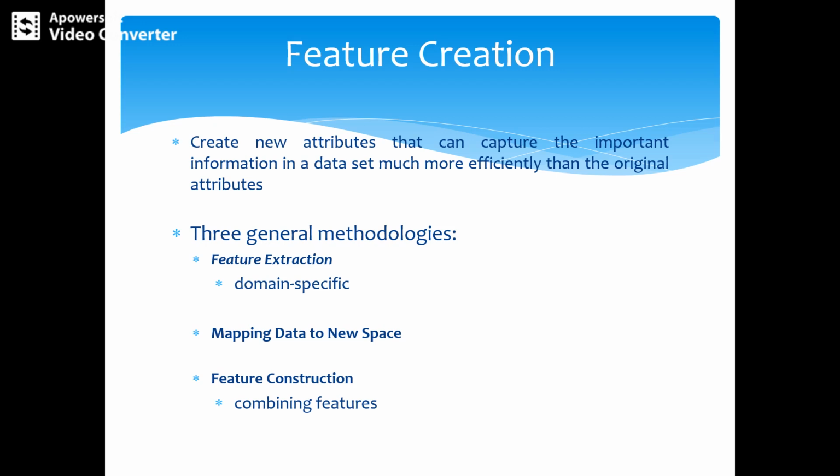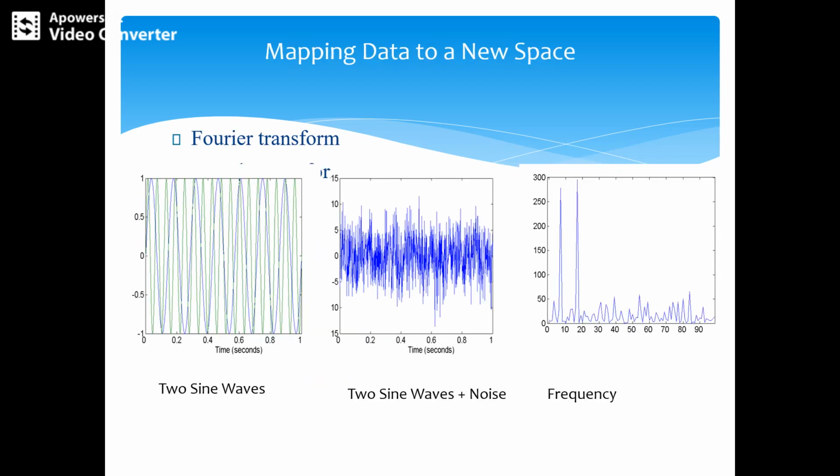Then there are three general methodologies for feature creation: feature extraction, which is domain specific, mapping the data to a new space, and feature construction. For mapping to a new space, we talk about the Fourier transform technique. The first figure shows two sine waves, the second shows two sine waves plus noise, and the third shows the frequency representation of the two. That is how we remove the noise, by mapping the original data to a new space.